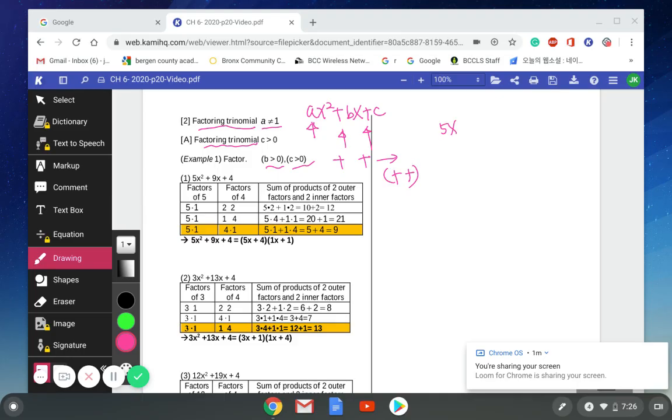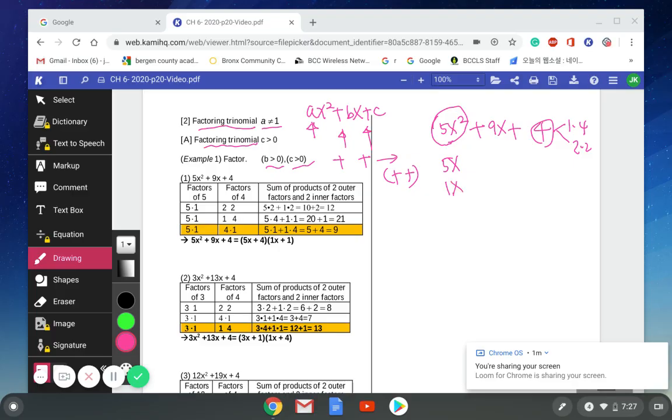Now, the only difference when the leading coefficient is not 1 is that you have to factor not only the last term, 1 times 4, and try 2 times 2, but also the first term because it's not 1 anymore. So you have to factor 5x squared, which is 5x and 1x.